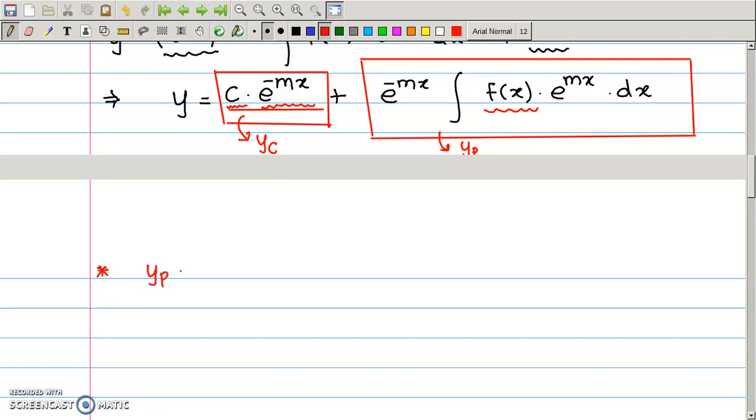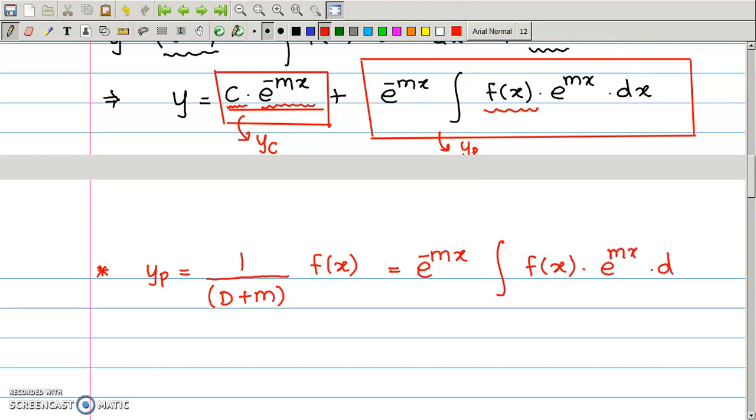To find particular integral, we operated the linear factor on f of x, then value of this particular integral is e raised to minus mx, integration of f of x into e raised to mx dx.